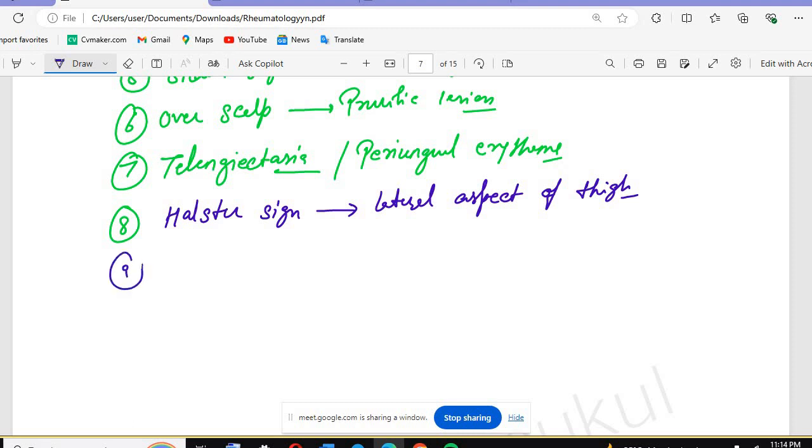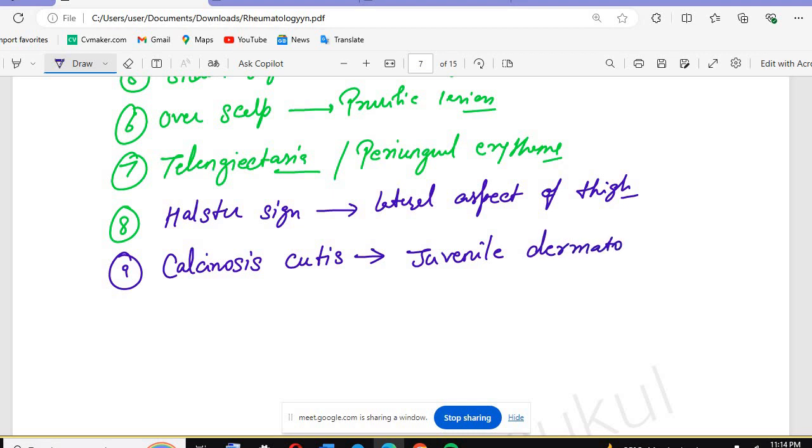And there is one more thing that you are going to see here, that is known as calcinosis cutis. This calcinosis cutis is also seen in one condition that we are going to discuss, the CREST syndrome. Basically this is seen in juvenile dermatomyositis. In calcinosis cutis the fingers will be calcified.